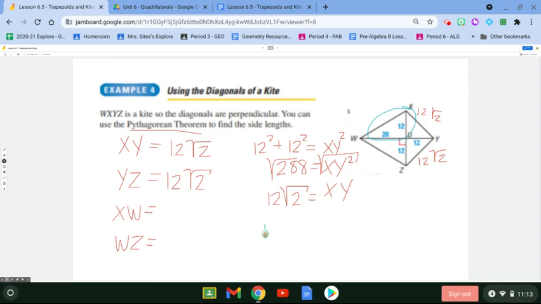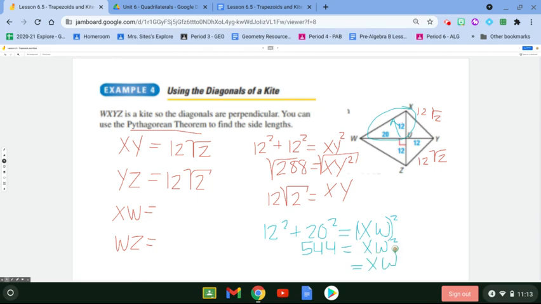So I'm going to use 12 squared plus 20 squared, and that's going to give me XW quantity squared. 12 squared is 144, and 20 squared is 400, so when I add that together, that's going to give me 544. I've got to square root both sides and simplify that.